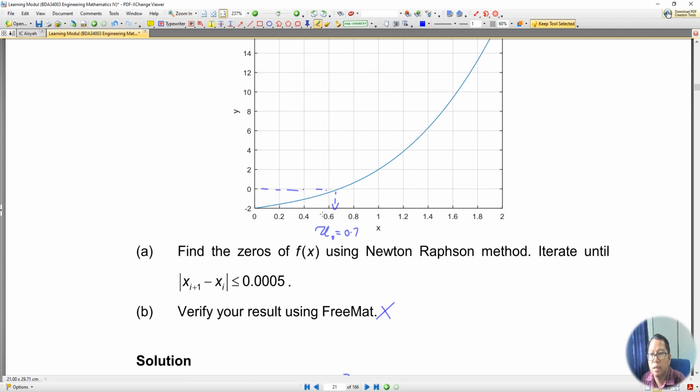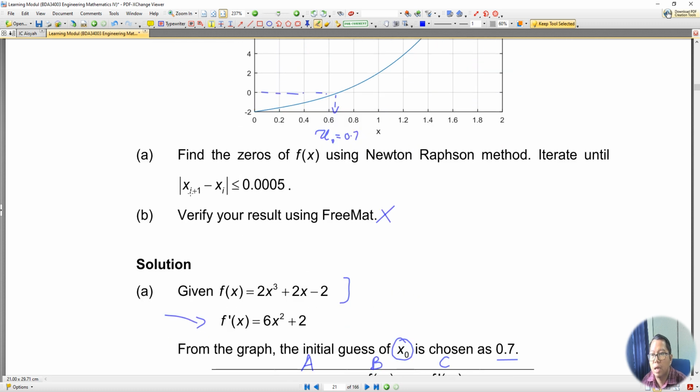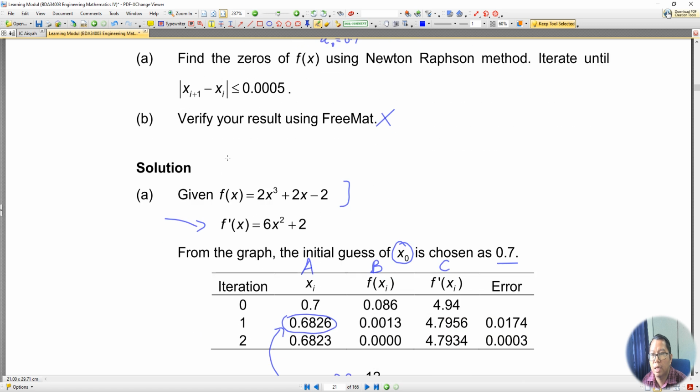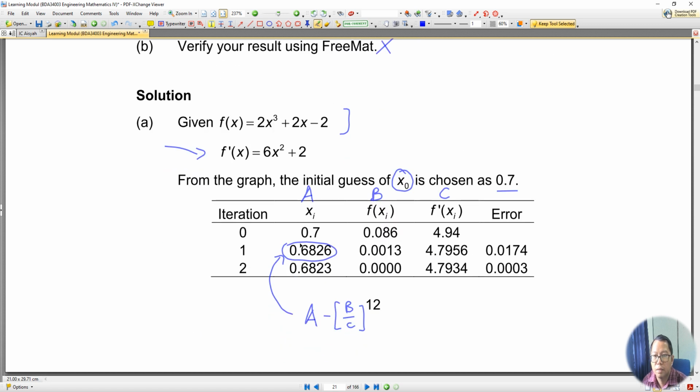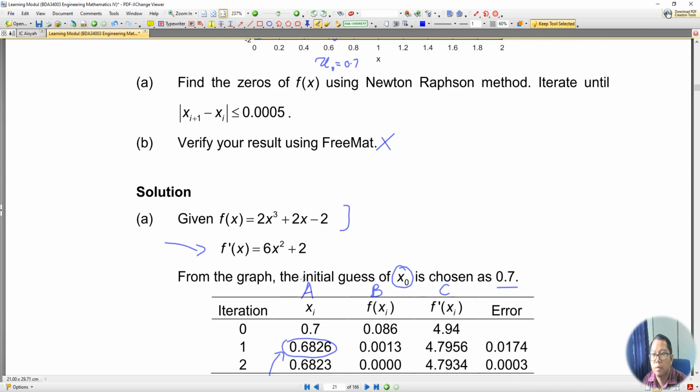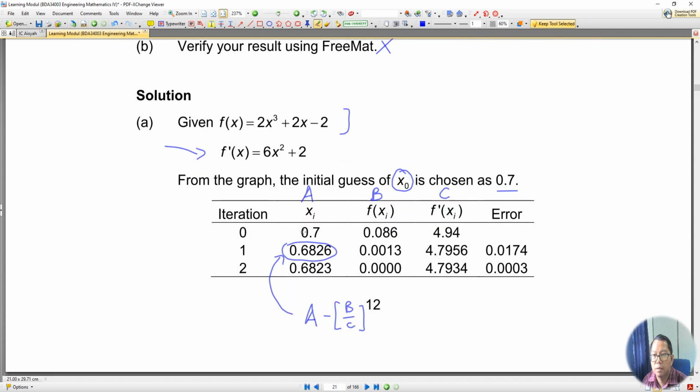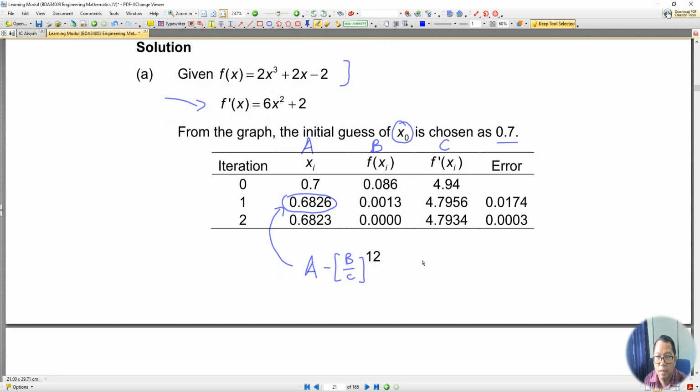Then for the error analysis, x_{i+1} minus x_i means you take 0.6826 minus the previous one, 0.7, in modulus, and you will get this number.